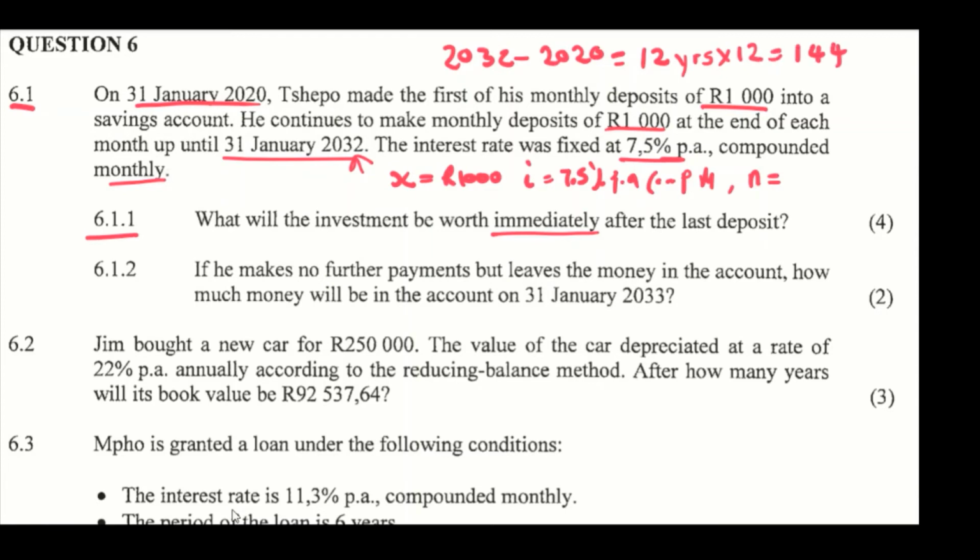But remember that the investment is going to be made immediately. What they're saying is they want to know how much will be in the investment at this point, and the word immediately is really critical. So you're just going to add 1 because it's immediately.